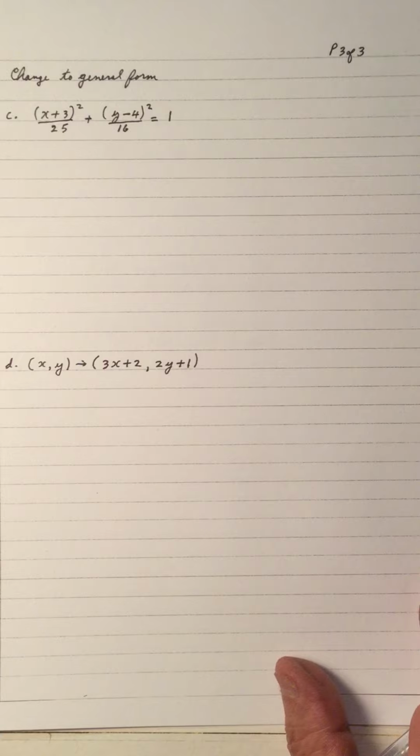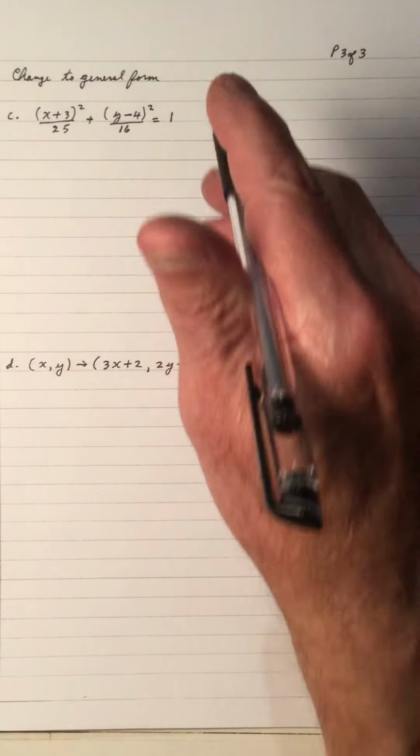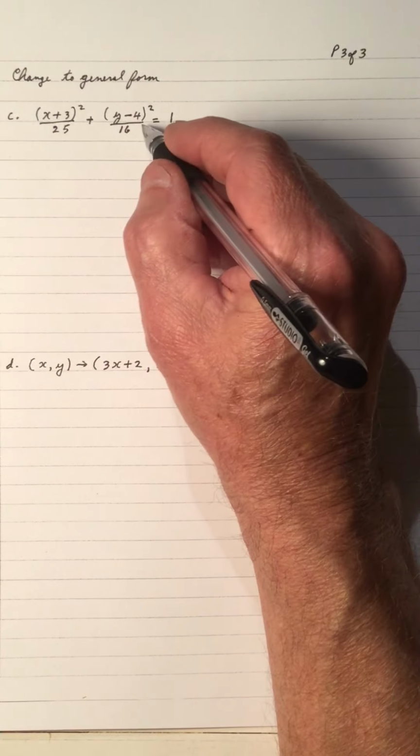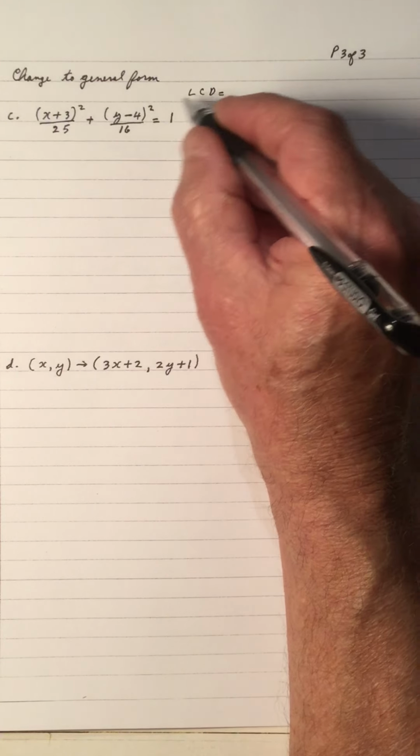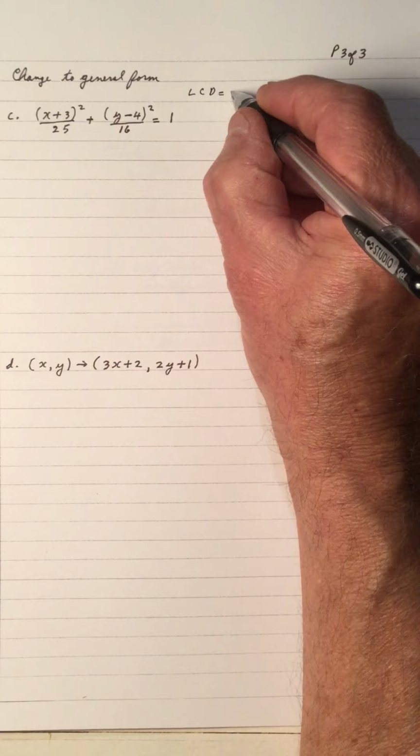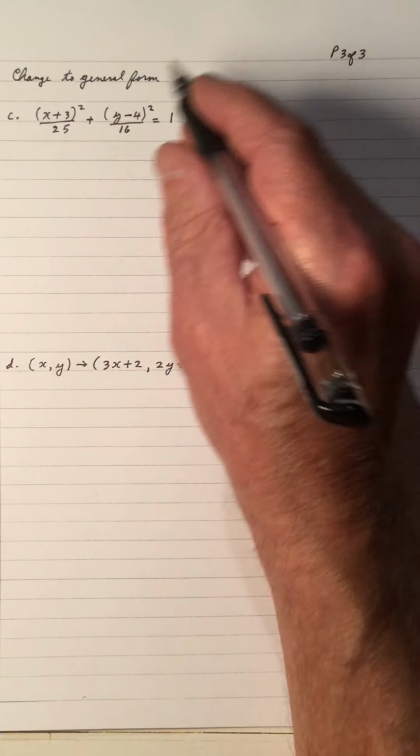Okay, change to general form, a couple more to do. And the pattern here is the LCD is 25 times 16, and that's 400.